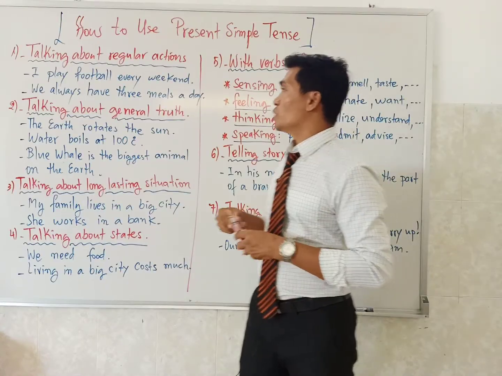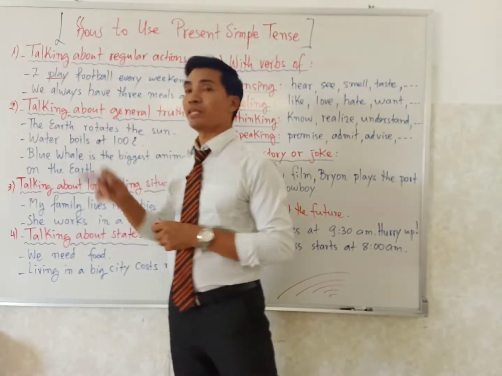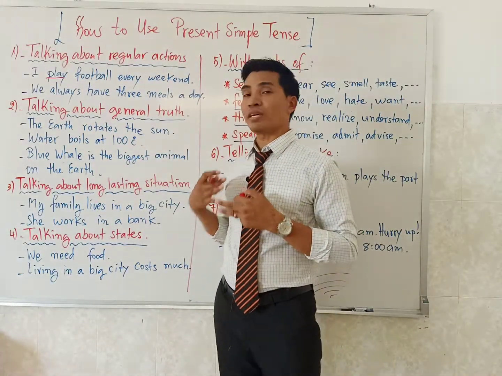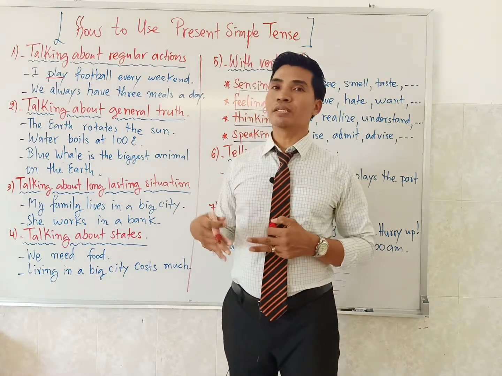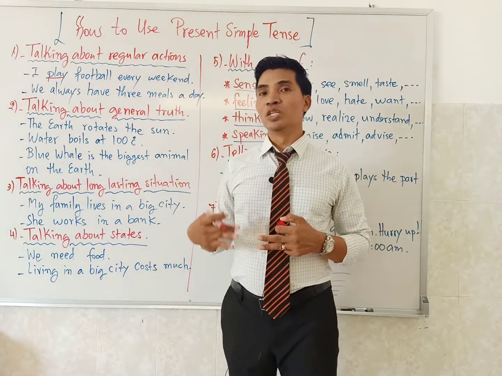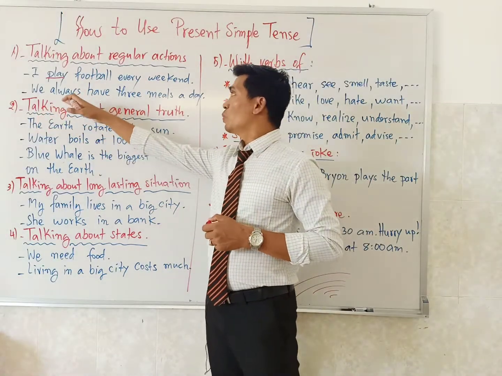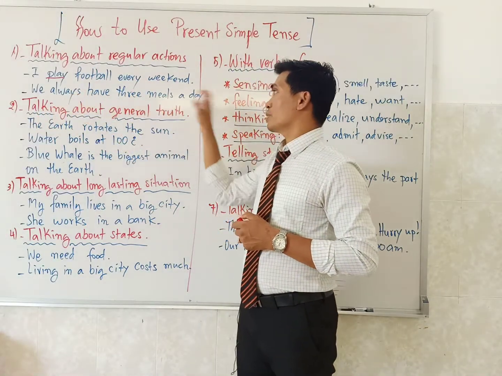Okay, so we use play in the present simple tense. I play football every weekend. So this is an action that happens every weekend, you play football. Okay, another example. We always have 3 meals a day.